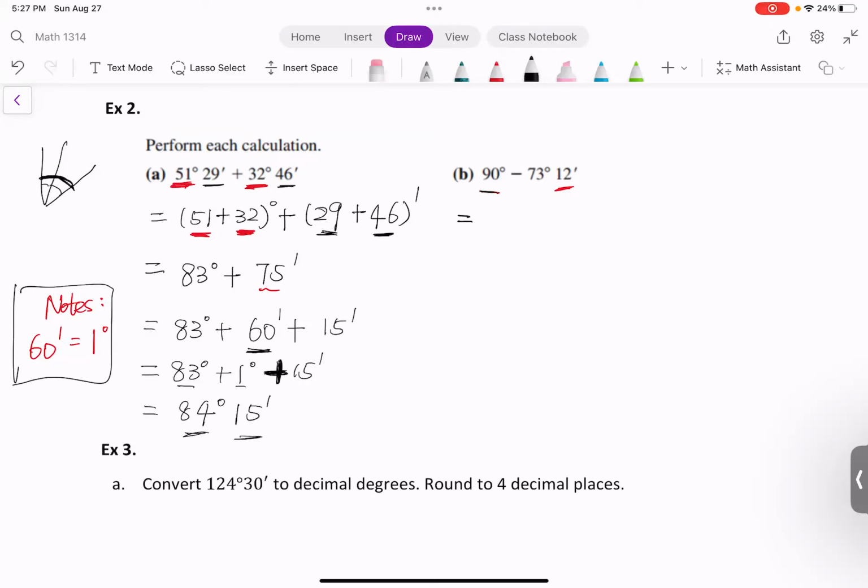I can borrow 1 degree from 90. So I'm having 89 degree, 60 minutes. So they are equal: 90 degree equals 89 degree, 60 minutes. And then now I can do degree minus degree, minutes minus minutes.